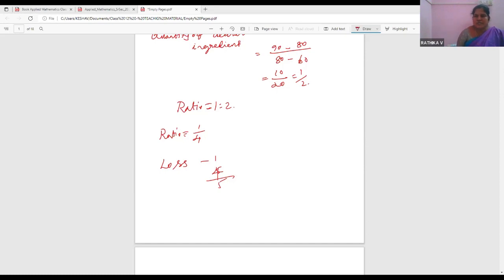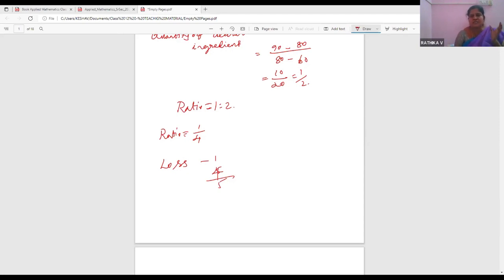First it says that A is depositing 5,000 rupees per month for the whole year. So it is 5,000 into 12, and the deposit amount by A is rupees 60,000. B contributes rupees 3,000 per month at first and increases his contribution to 4,500 at the end of 4 months, which means he deposits only 3,000 in the first 4 months.